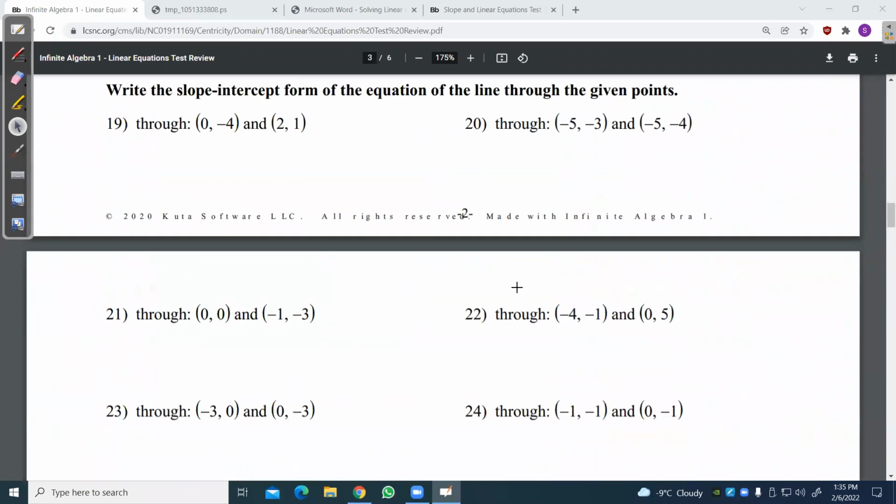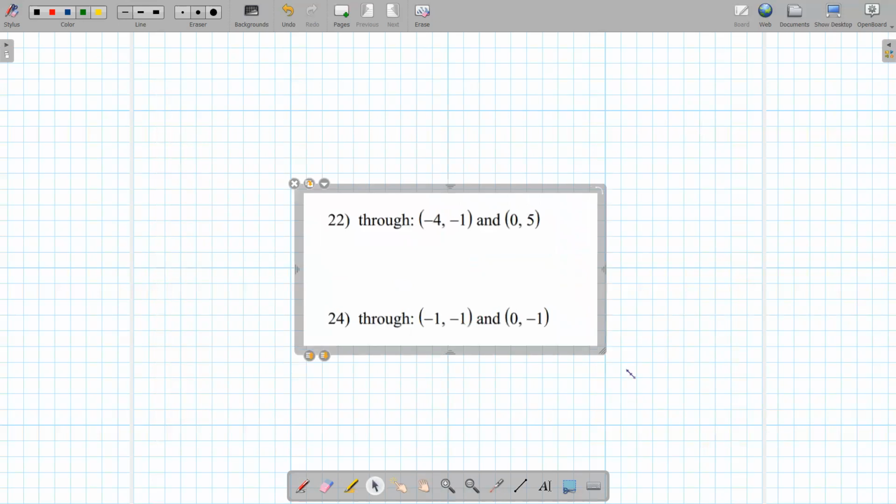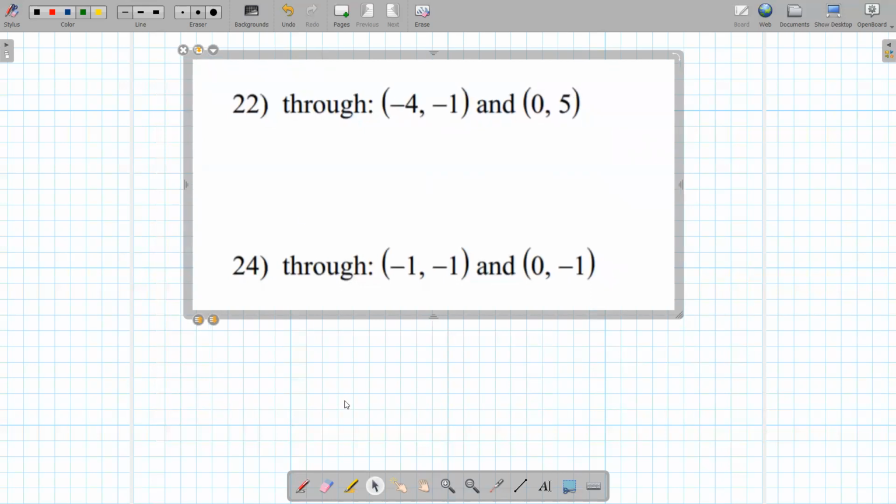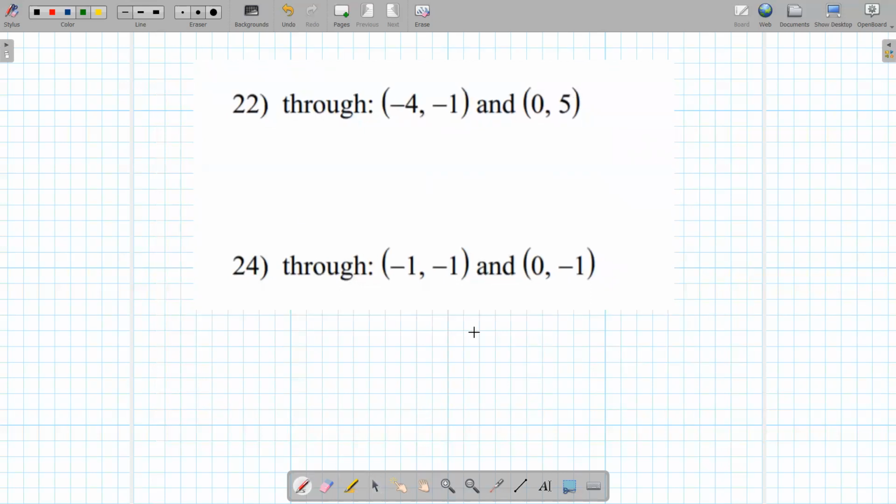What if they give you 2 different points and they want you to write the equation of the line? What do we do here? You have to use the formula. So what does the formula give you?